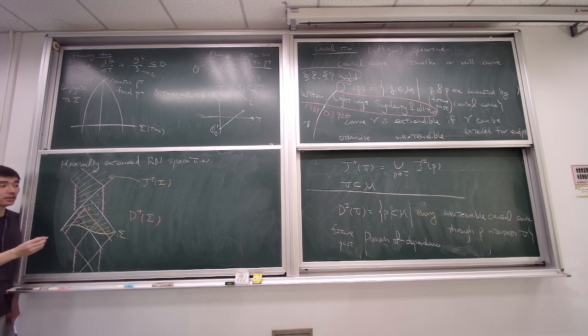On the other hand, if you look at the point P here, an inextendable causal curve is something like this one, included in this region. So this curve is inextendable, but does not intersect sigma. This curve is an inextendable causal future-directed curve.